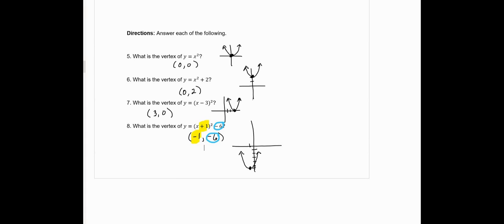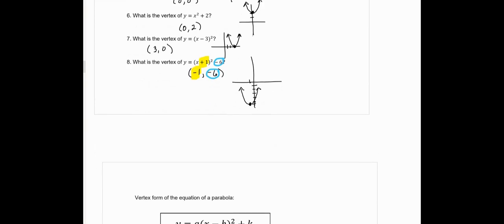So that leads us to the general vertex form for the equation of a parabola. What is inside these parentheses is the x minus h. This h is going to be the x coordinate of the vertex, and the number k out here is going to be the y coordinate of the vertex.